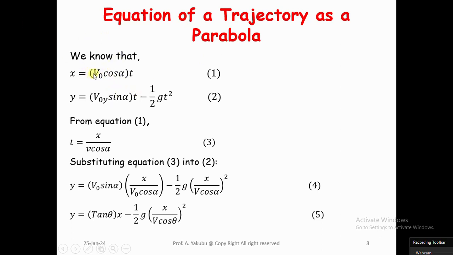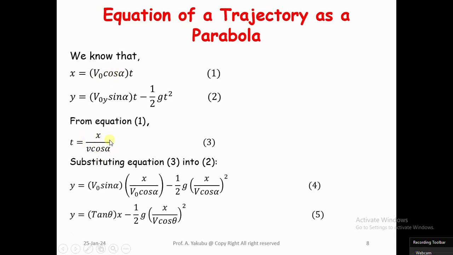From the beginning, we know that distance is velocity times time, and y is this equation. So y equals v naught sine alpha t minus half g t squared. From equation 1, the value of t is going to be x divided by v naught cos alpha.